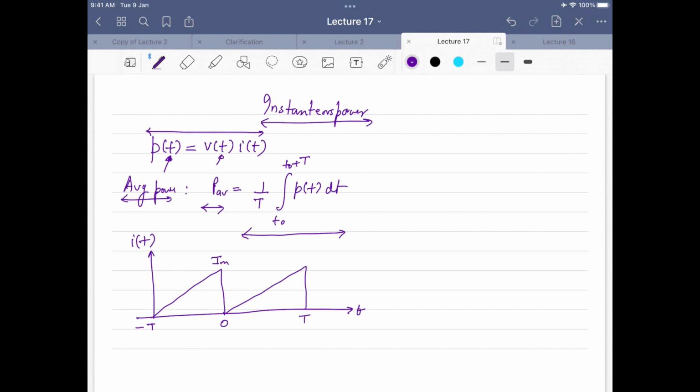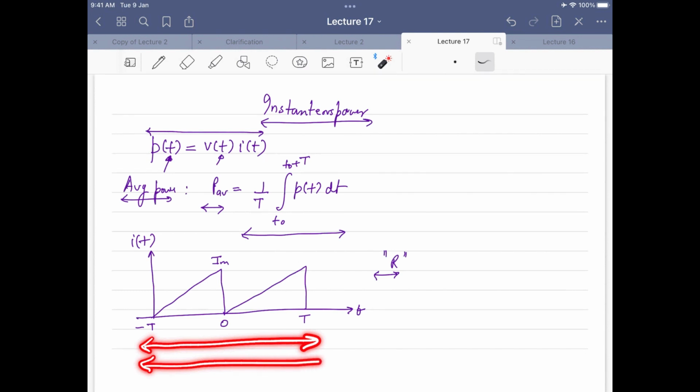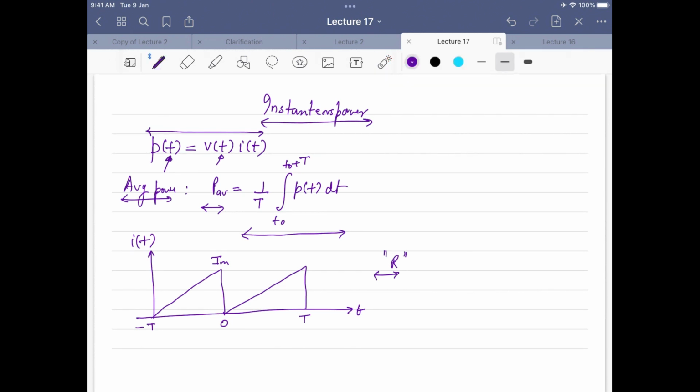Find the average power delivered to the resistor R when this current i(t) flows through it. Can you calculate that? I'll give you 2 minutes. What will be the expression for the average power?